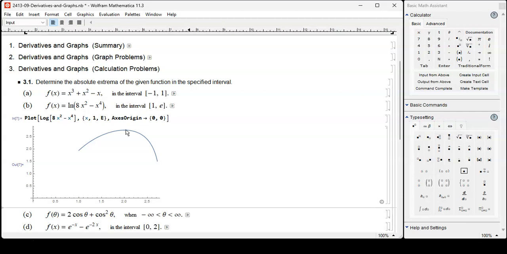Without the graph, I have to calculate f of 1 and f of e. But with the graph, I don't have to bother with this one.